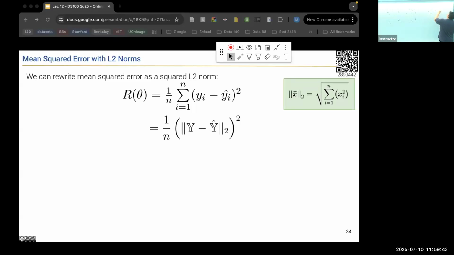So this is just a way to write the sum as a norm of a vector, or squared norm of a vector.